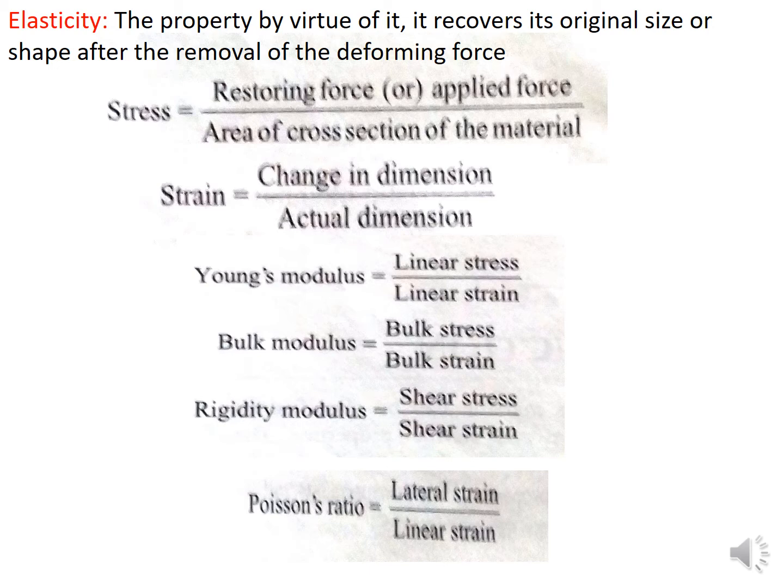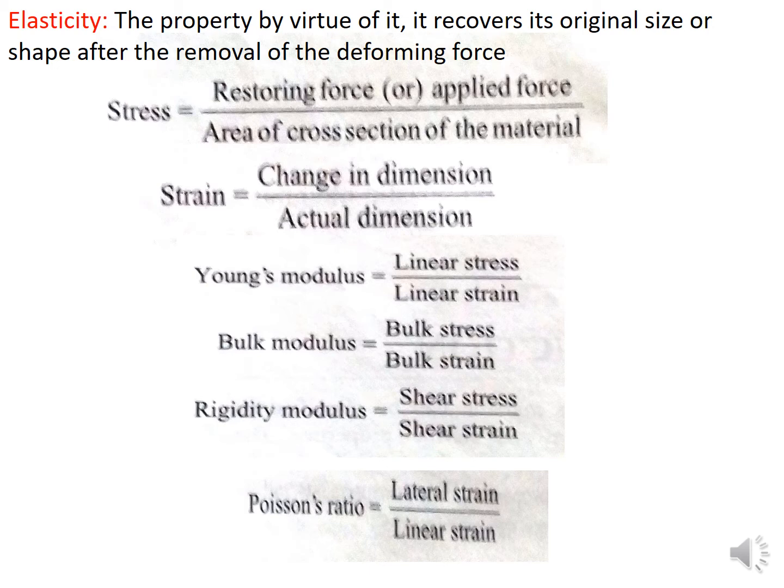There may be a change in the shape or size, and that force is called the deforming force. And force per unit area is called stress, and the change produced in the body relative to its actual dimension is called strain. And within the elastic limit, stress is directly proportional to strain.